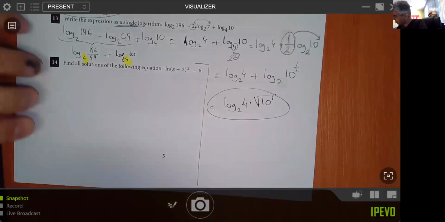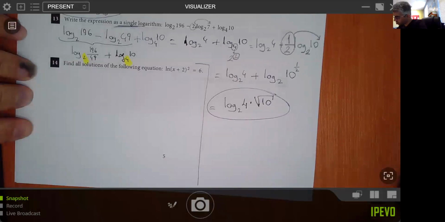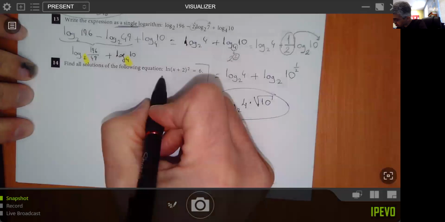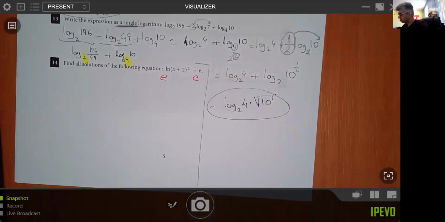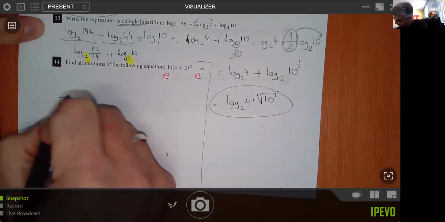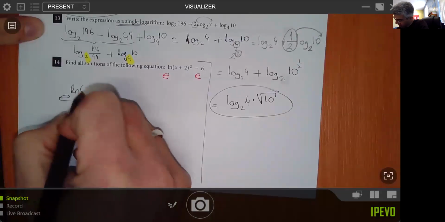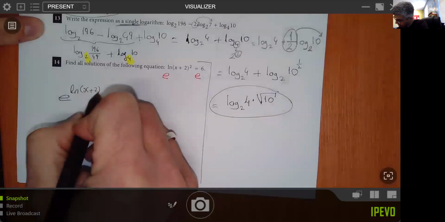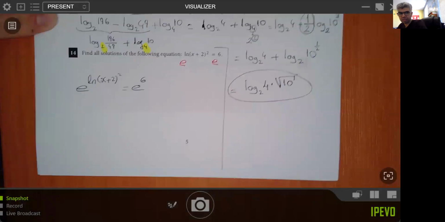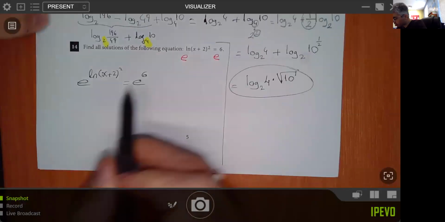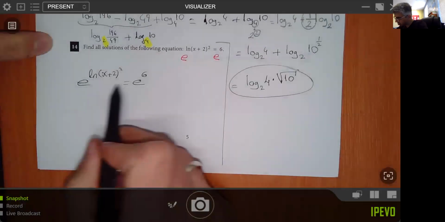So what do I mean? I can write it like this: e to the power of ln (x plus 2) squared equals e to the power of 6. Now I write my equation in this form.